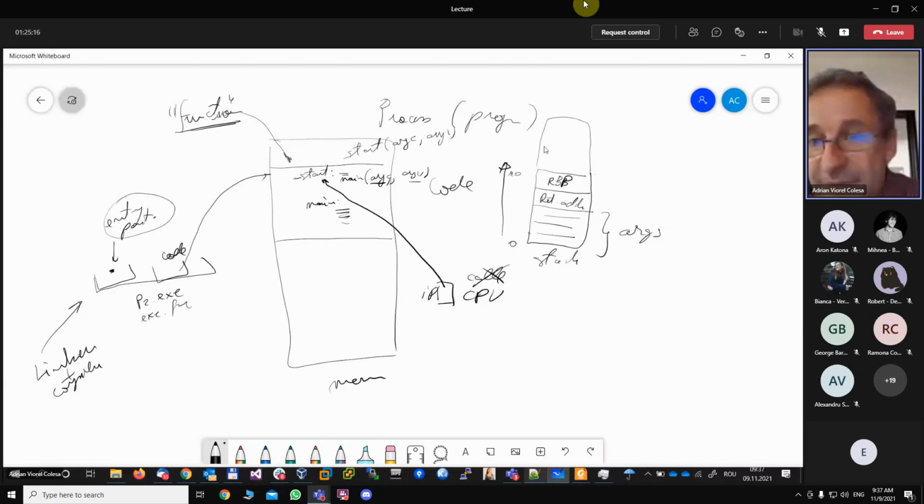And here we have the local space for local variables, and here is where the new base pointer is established, and here is where the RSP is now after reserving space for local variables.